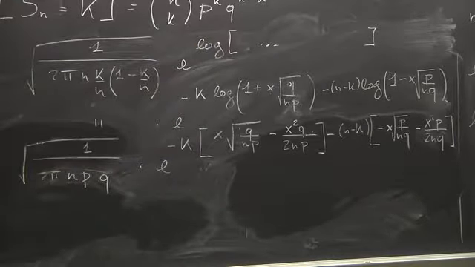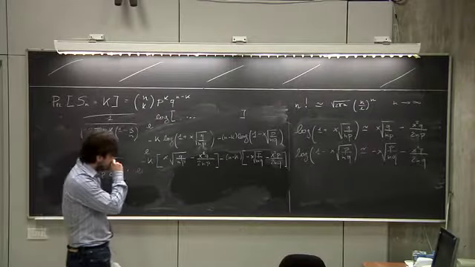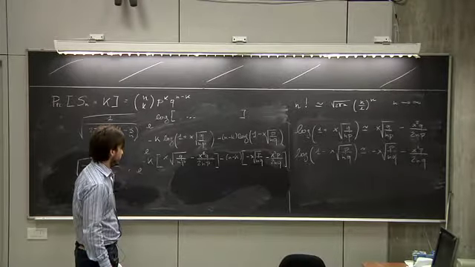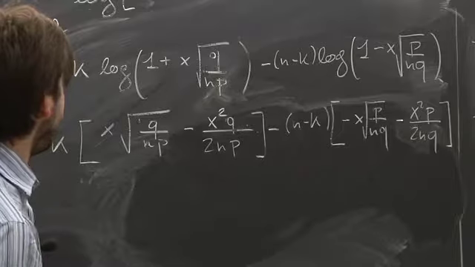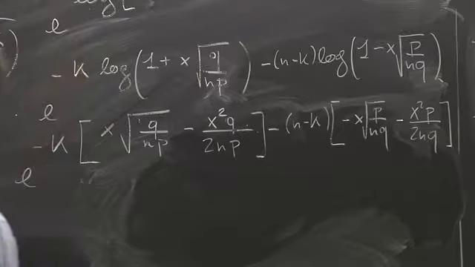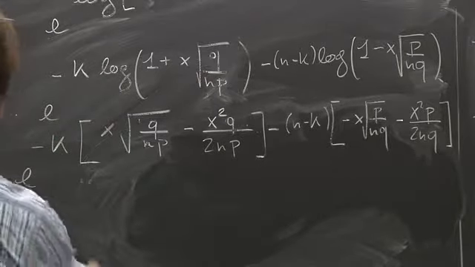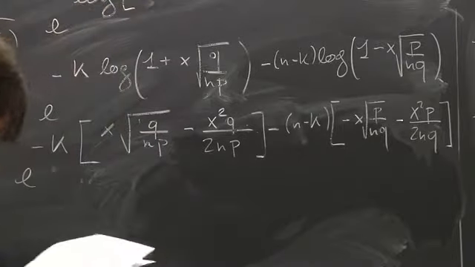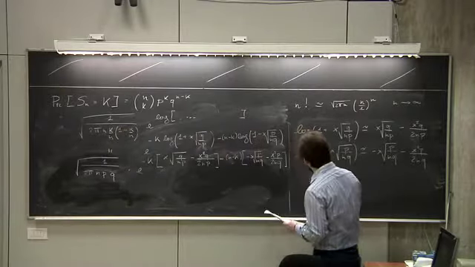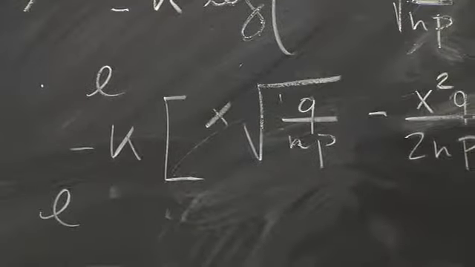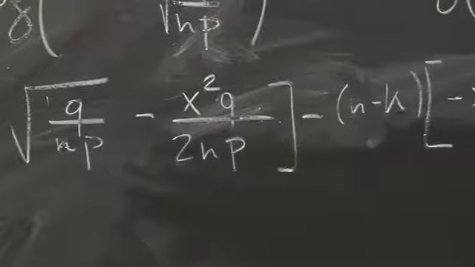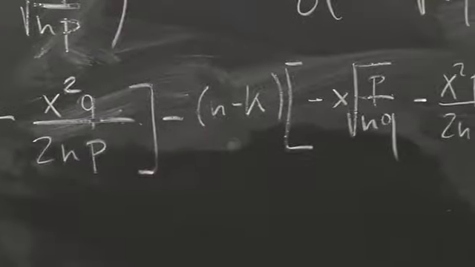Now it's actually just a matter of doing some algebra. Before that, you will want to replace k and n minus k with their expressions in terms of x. Maybe I've written it already 10 times, but it's worth remembering: k is np plus x square root of npq, and n minus k is nq minus x square root of npq.